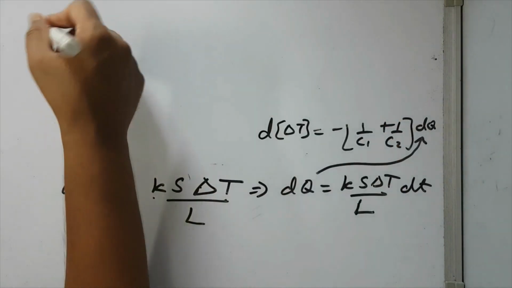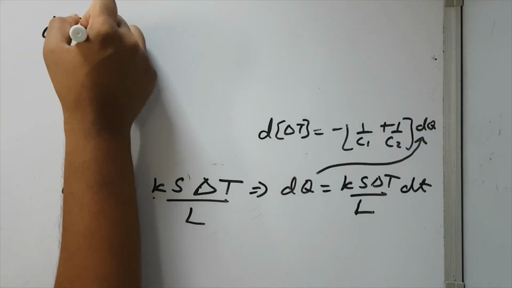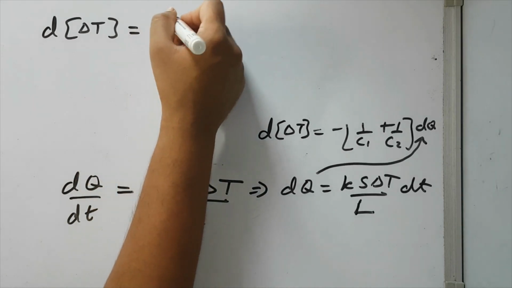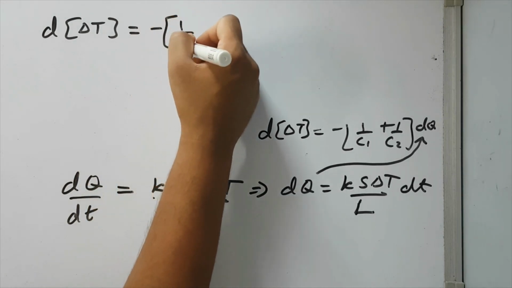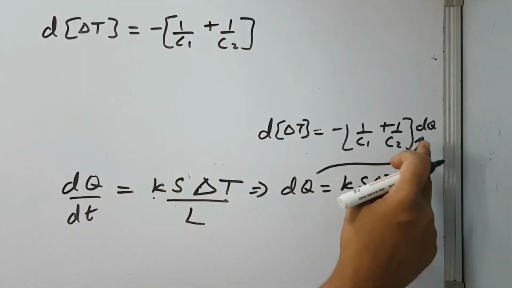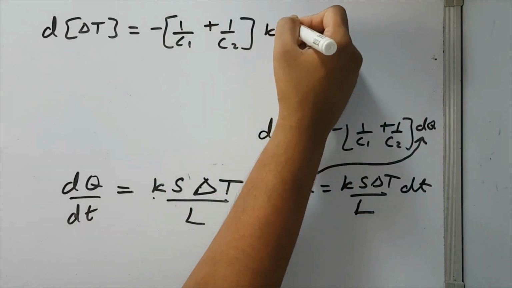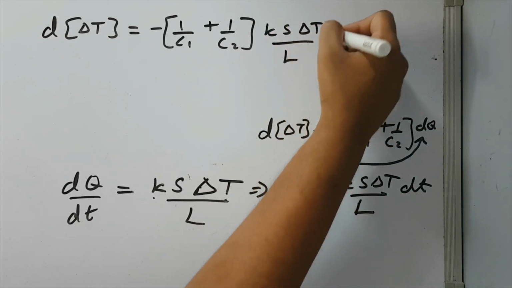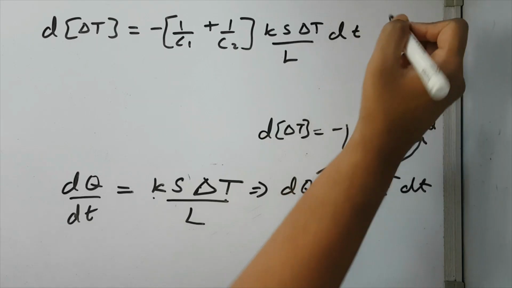Okay, so d of delta T is equal to minus 1 by C1 plus 1 by C2 times dQ, and dQ is equal to kS delta T by L times dt.